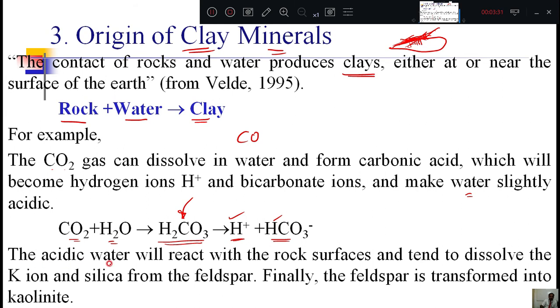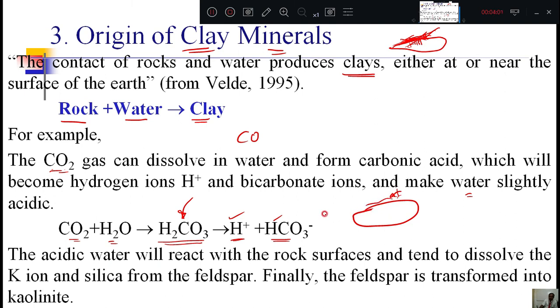The acid water will react with the rock surface and tends to dissolve the potassium ion and silica from the feldspar. Finally, the feldspar is transformed into kaolinite. One example is given. See, one rock is there. When water comes in contact with the rock, and CO2 may be from the atmosphere, that water will mix with CO2 and carbonic acid will form.